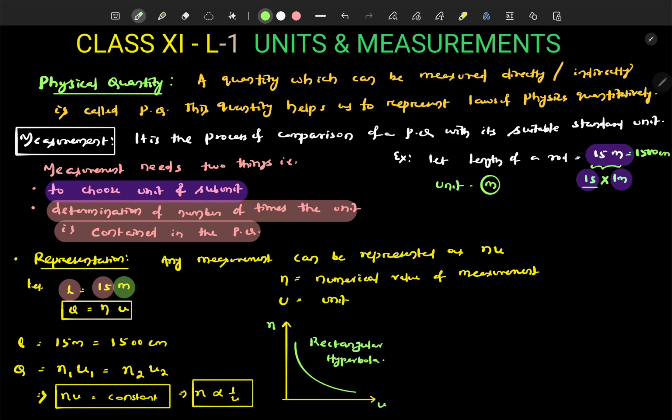I hope it is clear to all of you. It suggests that the larger the unit, the smaller will be the magnitude.